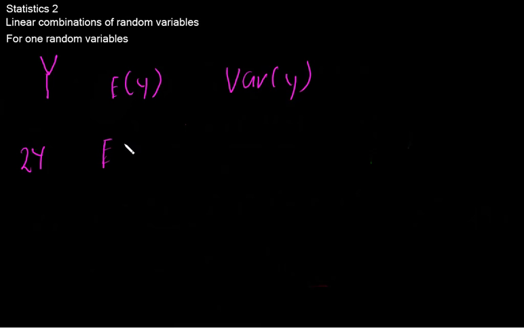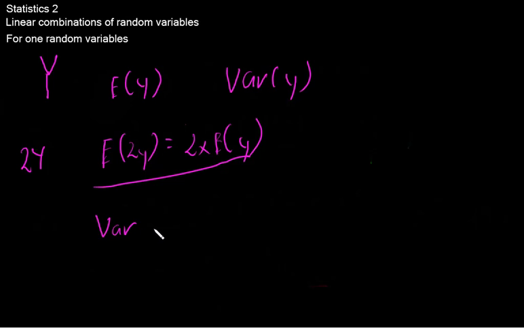The expectation of 2y is equal to 2 times the expectation of y, as proved in the last example. Now the variance is a little bit different: the variance of 2y is 4 times the variance of y, and 4 is equal to 2 squared.